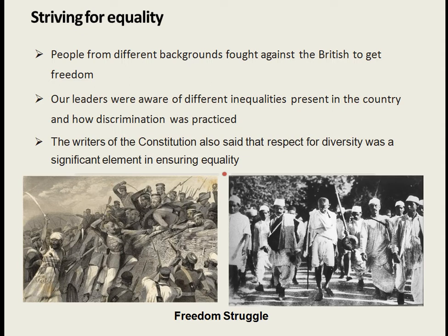The writer of the Constitution also said that respect for diversity was a significant element in ensuring equality. So by these two images you can see there was equality in our India, how people from different backgrounds, cultures, castes, customs moved together to fight against the Britishers.